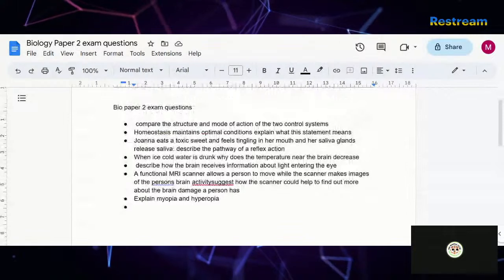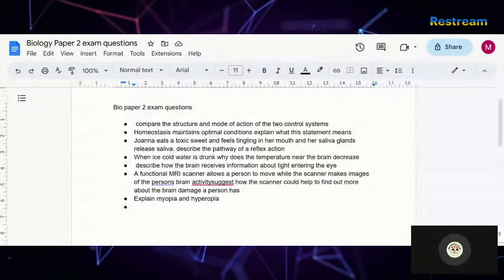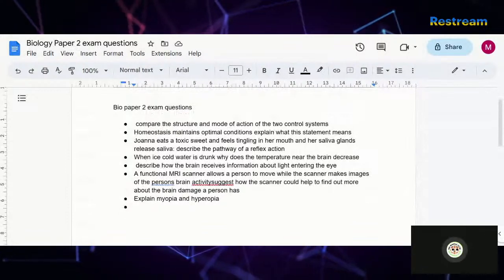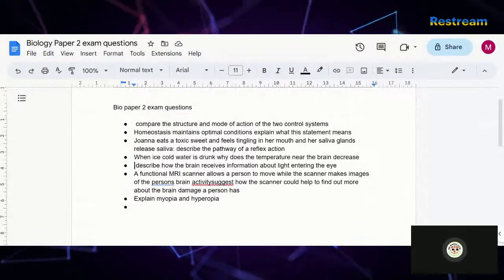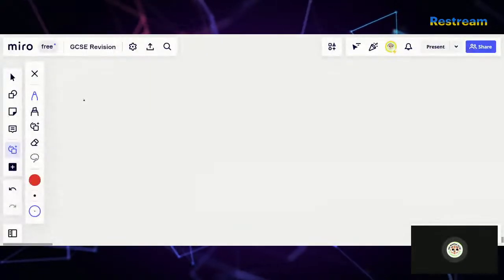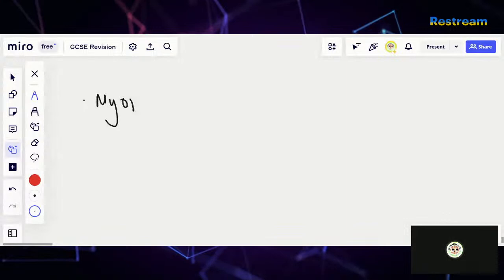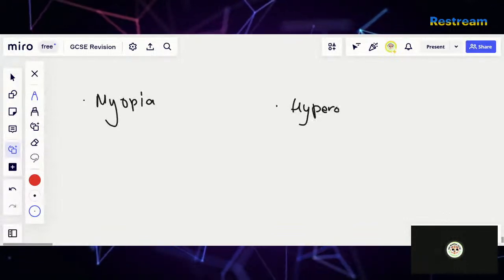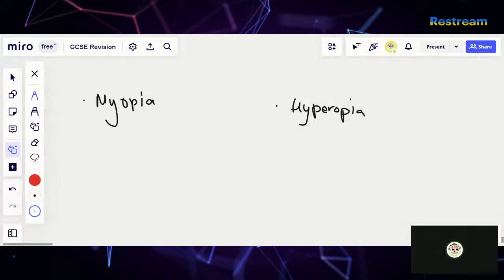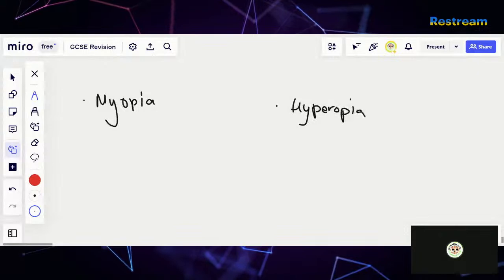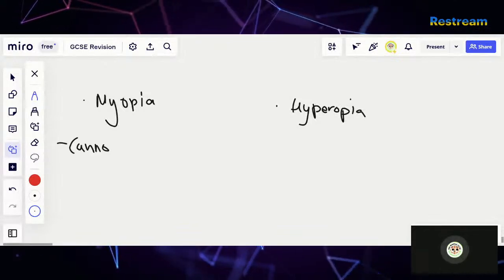So myopia is short-sightedness, and it's when you're unable to see distant things. So let's look at this now. We've got myopia and we've got hyperopia. Myopia is when you cannot focus on distant objects.